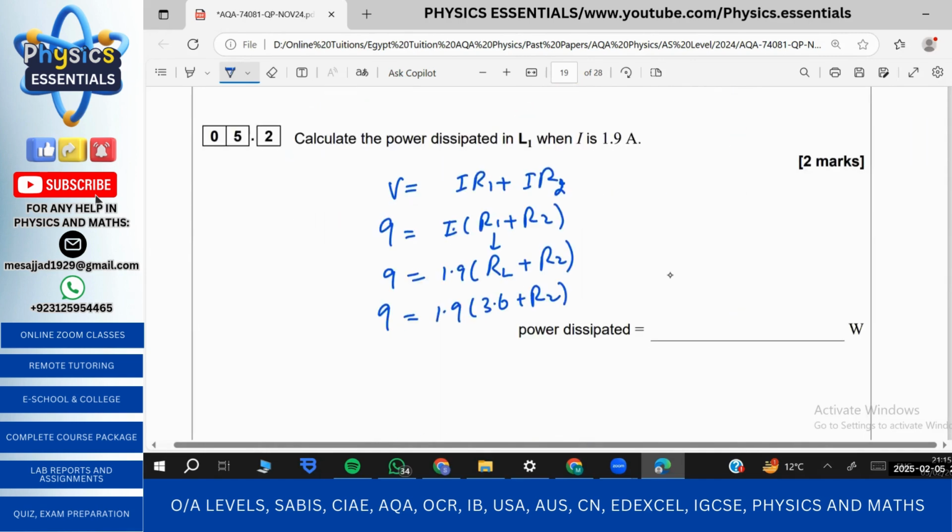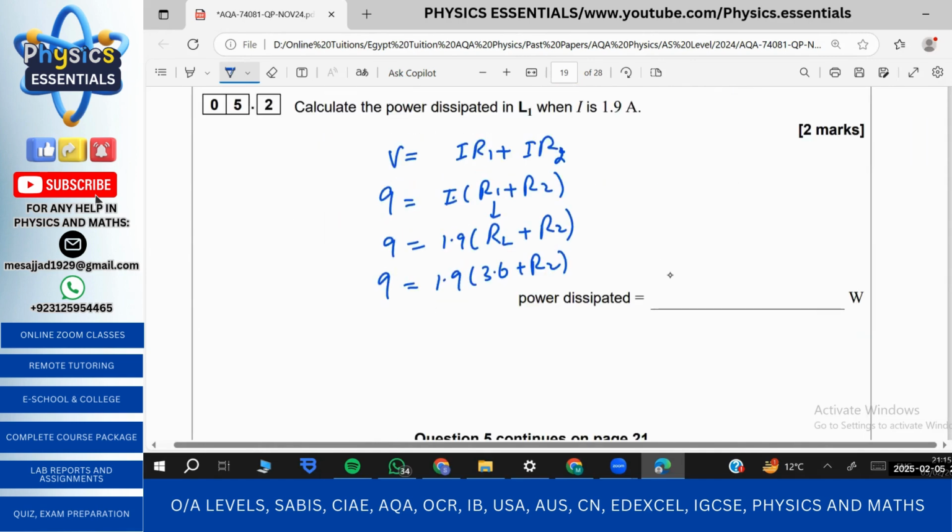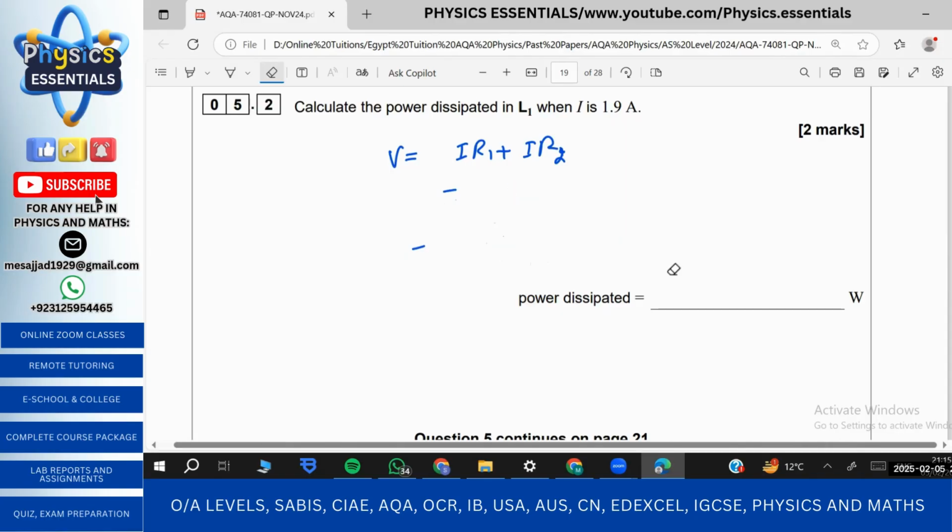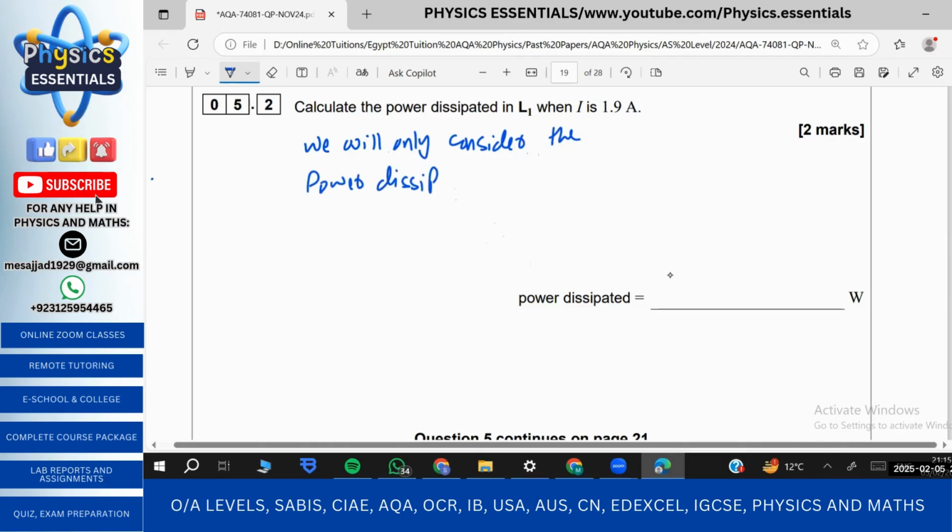Okay, never mind. My apologies. I have to change it. So we'll just look for the power dissipation in lamps. We will only consider the power dissipation in lamp.